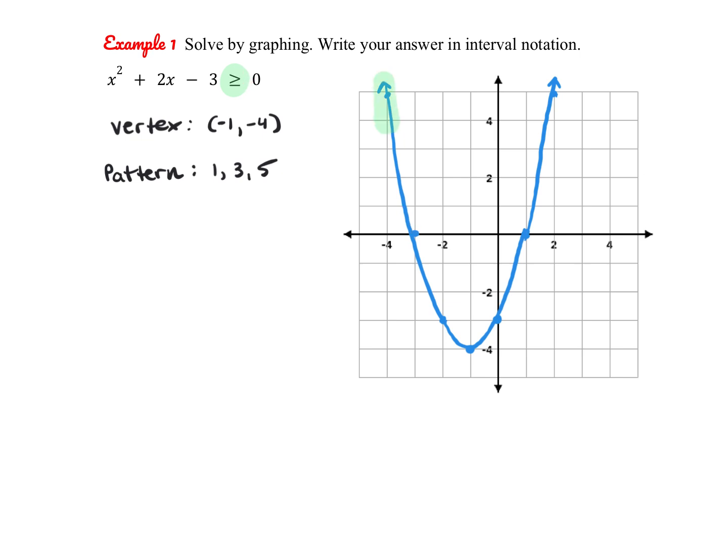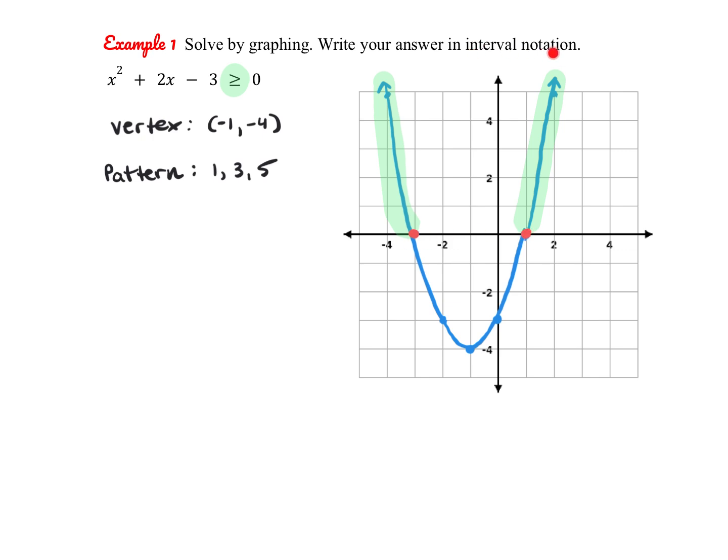So I see that that's happening here and here. So these two intervals are going to be our solutions. And in this case, it is greater than or equal to, so we will include these values. This value is -3 and this value is 1. We will include those as part of our answers.